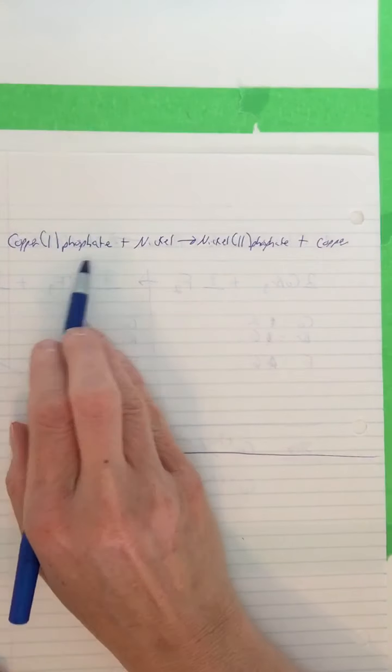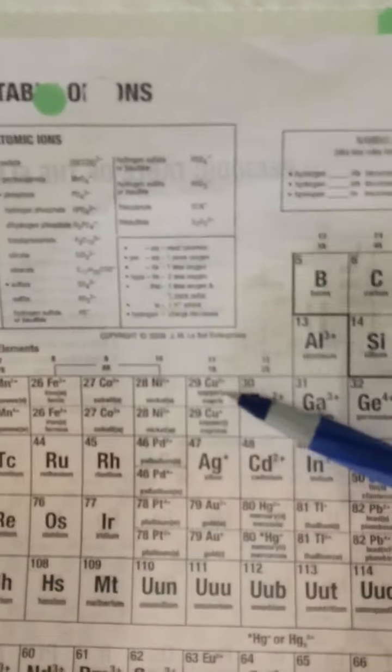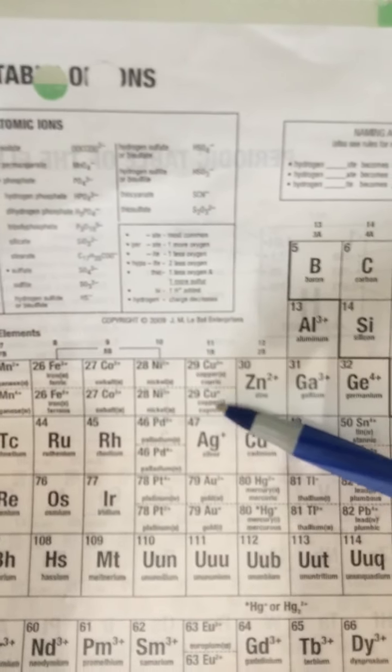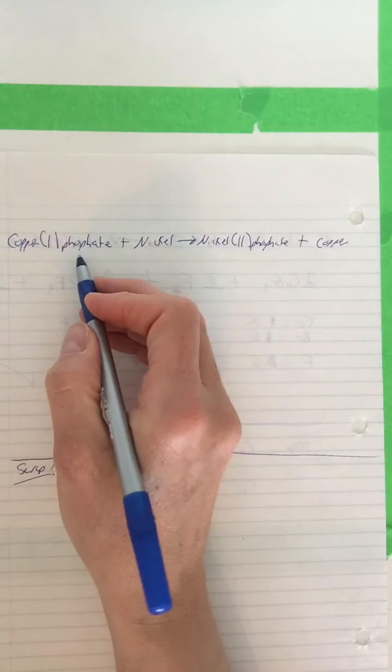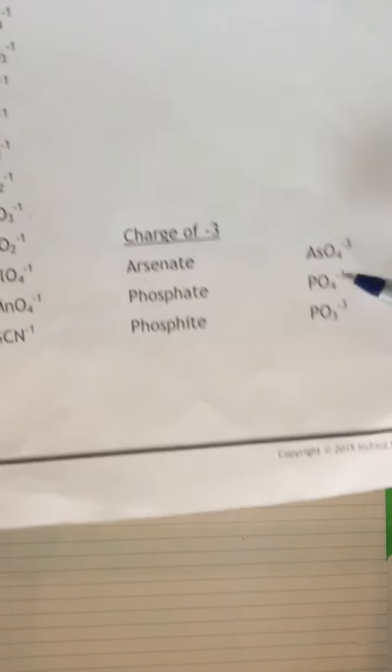All right, copper 1 phosphate. Well, it told us it used copper 1. We're going to go look up, though, just to find it so you guys can see. Also, you have to know what the symbol is, so I can see it right here. Copper 1, Cu plus. So copper, we got a Cu plus 1. Phosphate, you get out your polyatomic sheet, and you try to find a phosphate. Can you guys see it right down here?